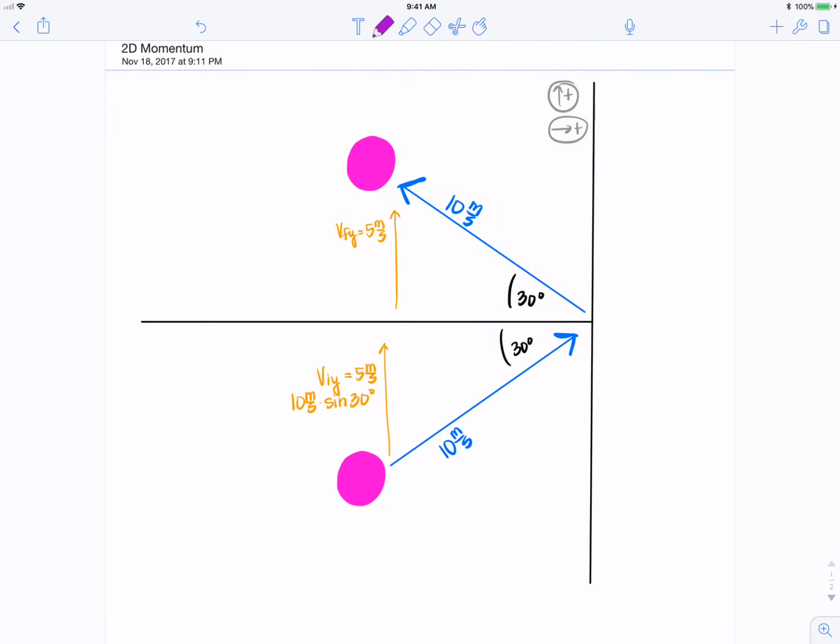Now let's look at the horizontal, or x, component. For our incoming velocity, VIX, we get 10 cosine 30 degrees, and that's positive, or 8.67 meters per second.